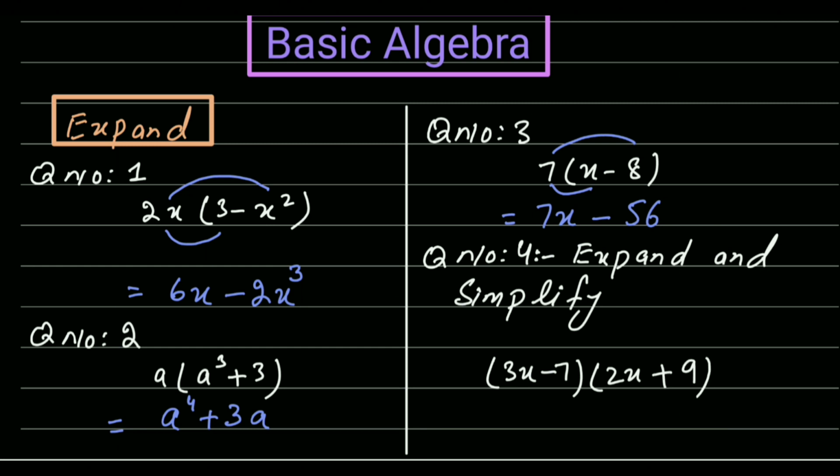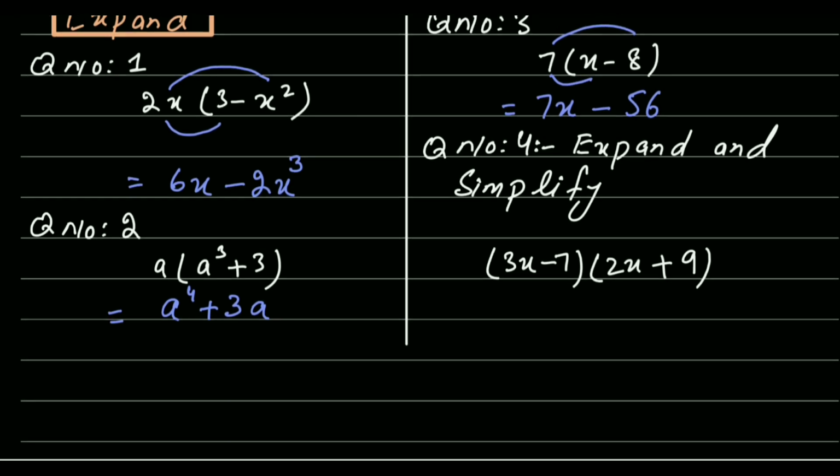In this question we will expand the brackets, that is, remove the brackets, and simplify as well. 3x will be multiplied with 2x first, then 3x with 9, and then minus 7 with 2x, and minus 7 with 9 as well. This is our procedure.